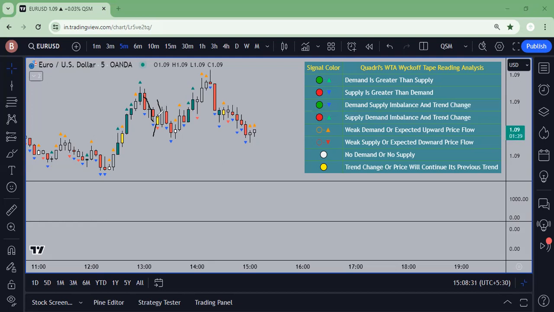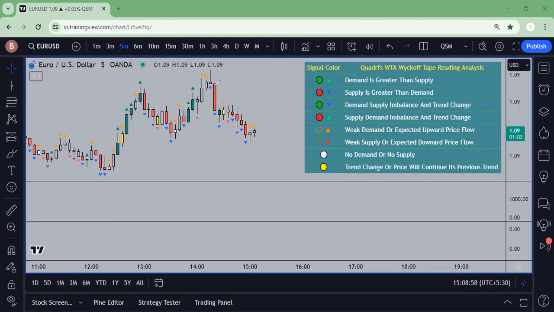Because this is closing above the previous close, or previous high, or previous open, high, low, close, whatever you want to consider. So this is a trend change in context with this particular downtrend. Then we had continuation. After that we had no supply and price continued its upward journey.